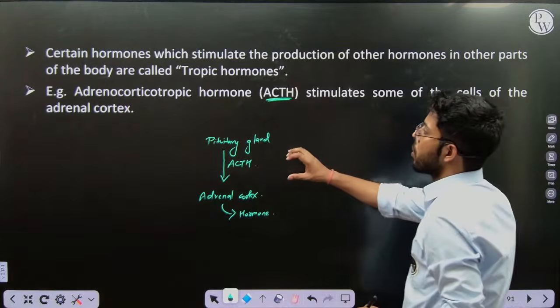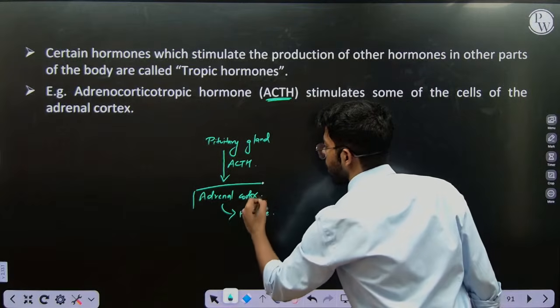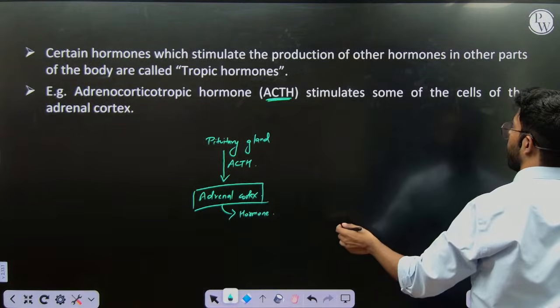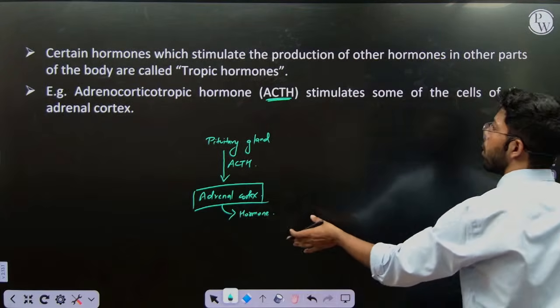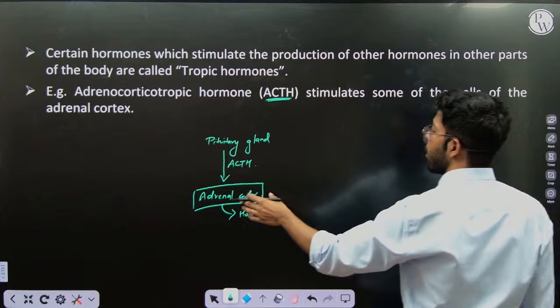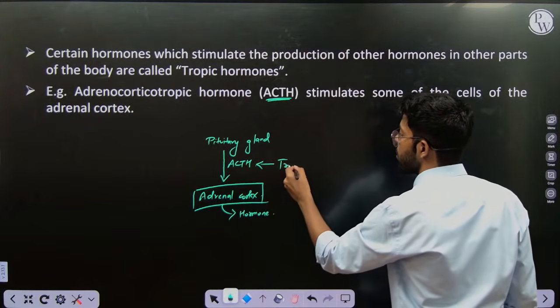So those hormones which are responsible for stimulation of another gland and for the release of other hormones from a different part of the body are known as the tropic hormones.